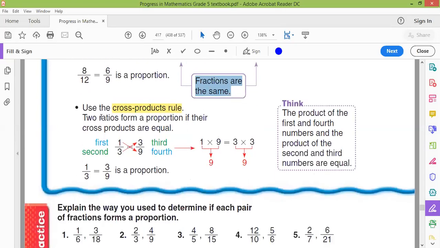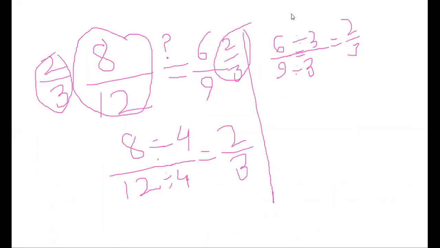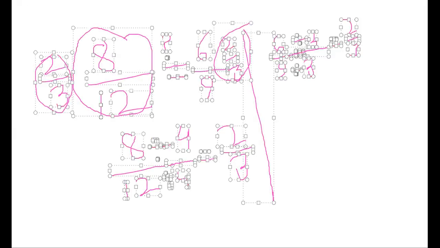Look here. Next one is use the cross product rule. What is the cross product rule? I will explain it on the whiteboard first. Before studying the book, first concentrate here.